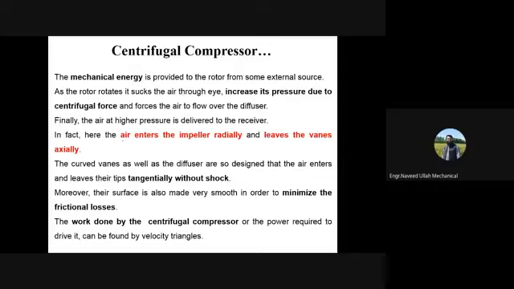As I told you, to draw the velocity diagram for different types of rotodynamic machines, the basic principle remains the same.